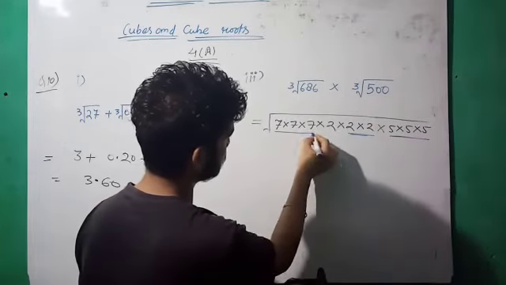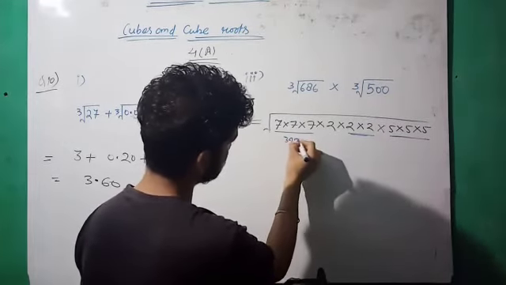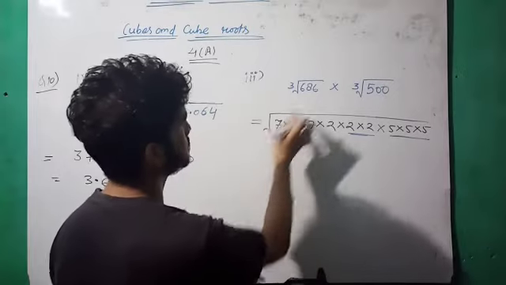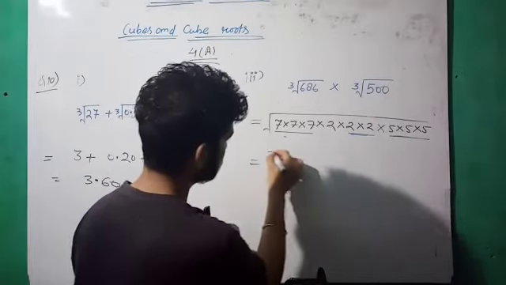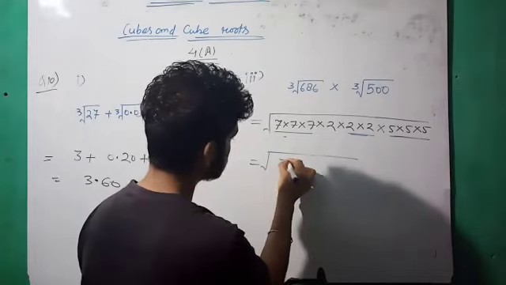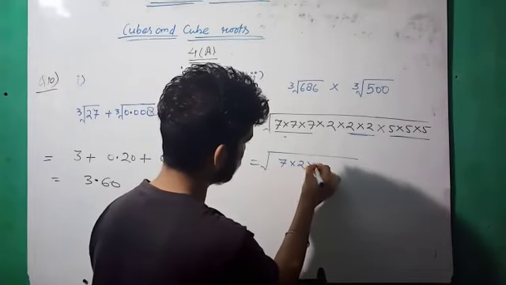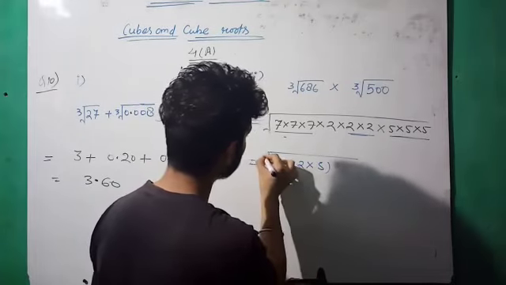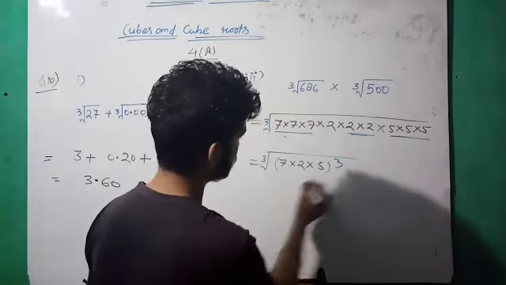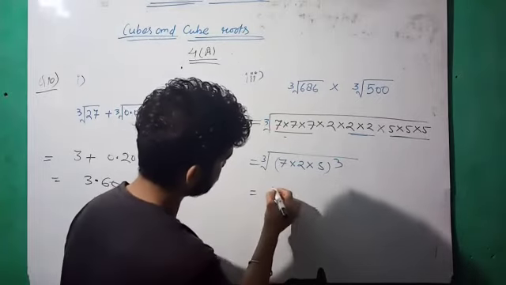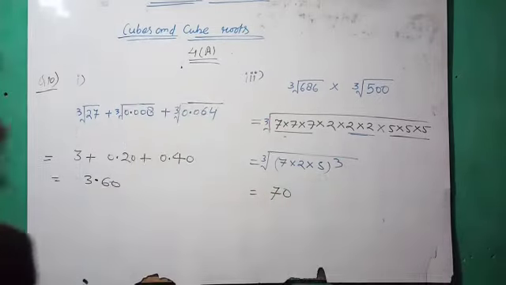Then 7 into 7 into 7 is 343, and 343 into 2 is 686. So this is the cube of 7 into 2 into 5. The cube root we can write as 70. So the answer is 70.